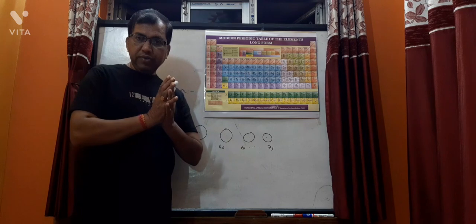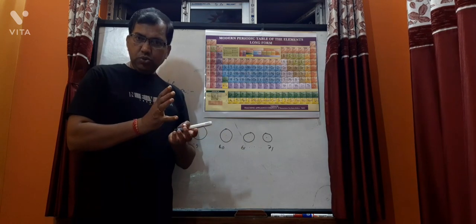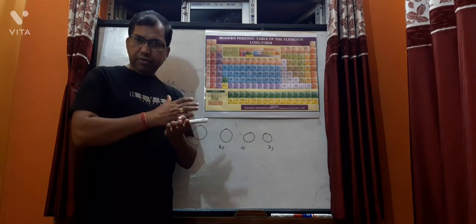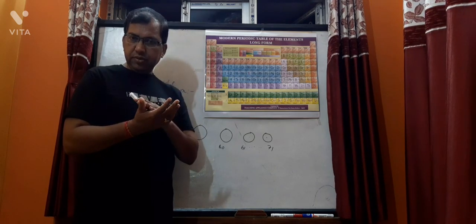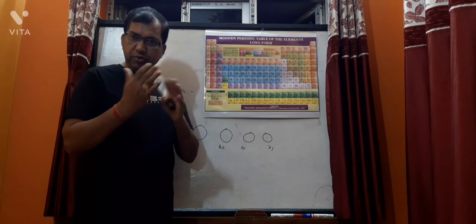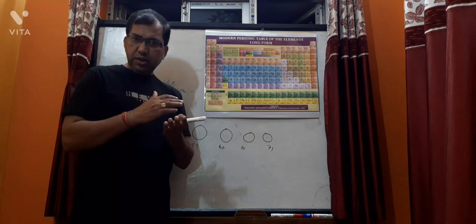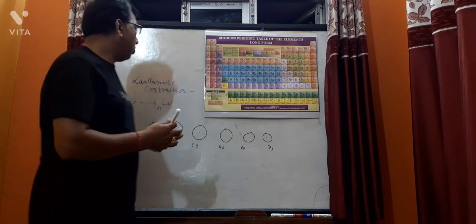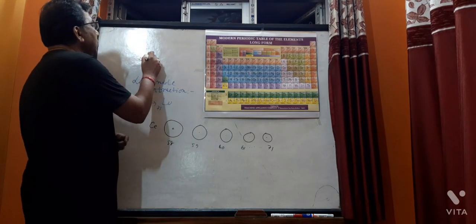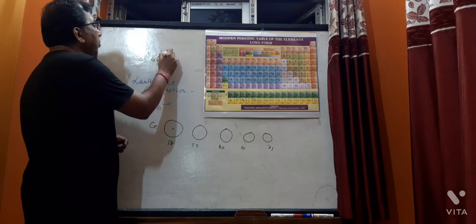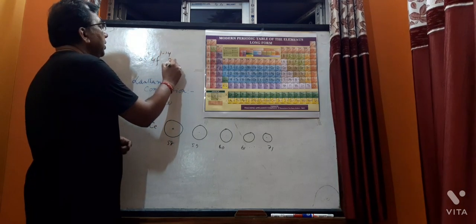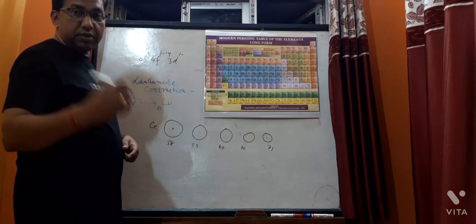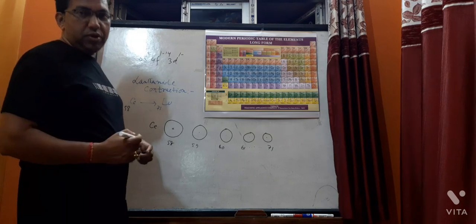The general electronic configuration is 6s2, 4f1 to 14 and 5d 0 to 1.